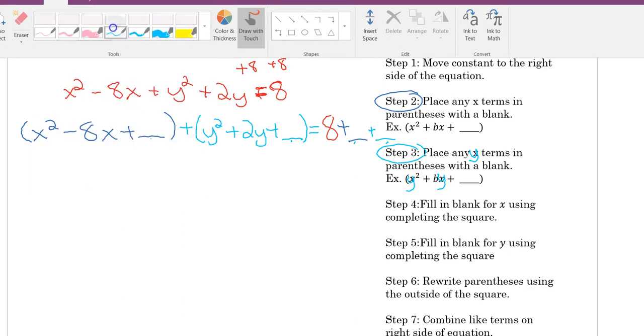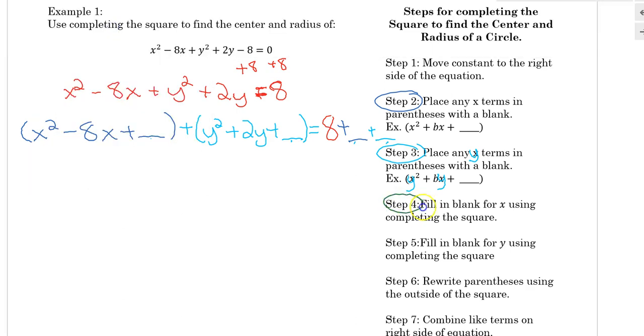All right, our next step is going back to what we're used to. We're just going to complete the square. I'm going to complete the square for x first. I'm just going to write my box under here. So I have x squared, and my negative 8x divided by the two boxes equals negative 4x.